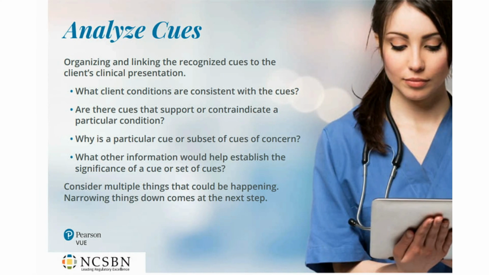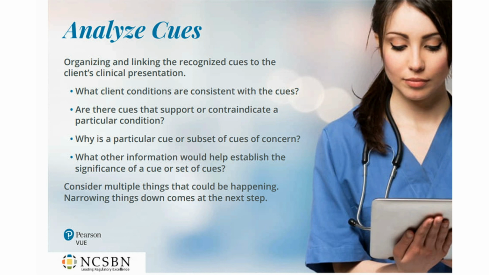Now, after we recognize the cues, we have to take all that information and we have to analyze the cues. We have to organize and link the cues. How do they all fit together? What client conditions are consistent with the cues? Are there cues that support or contraindicate a particular condition?